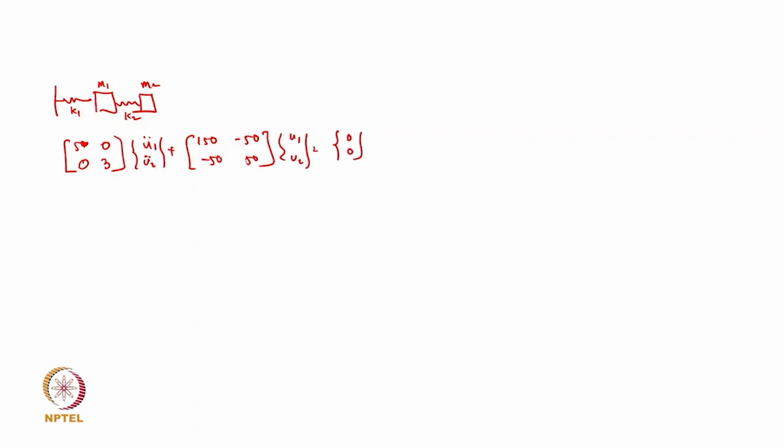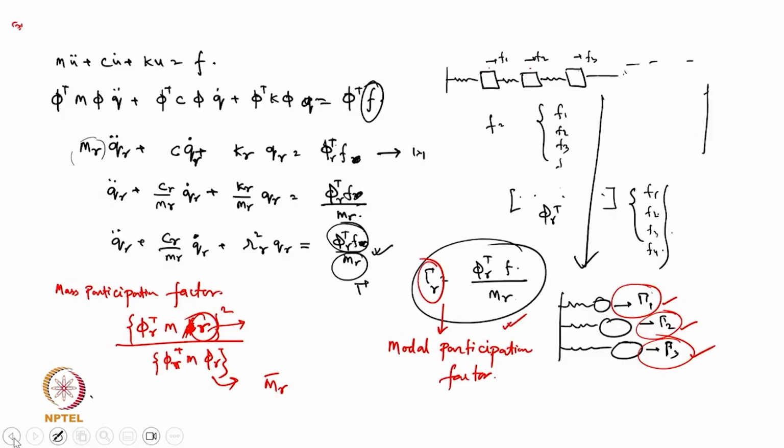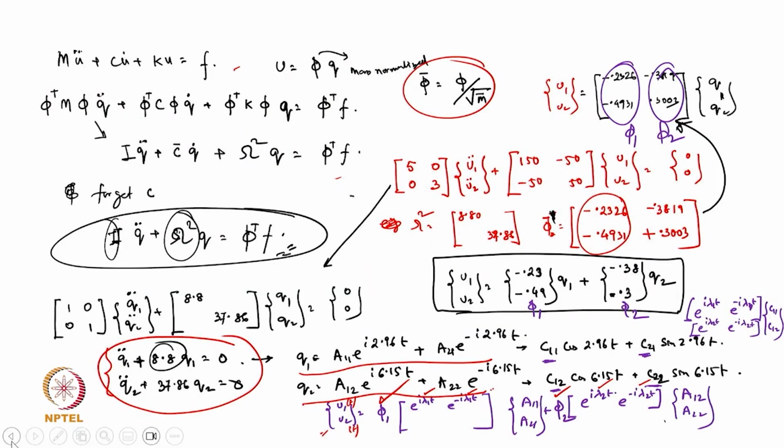So that was my first system. Now once we do the modal analysis, what are the modes? So we got 8.8 and 37.8.